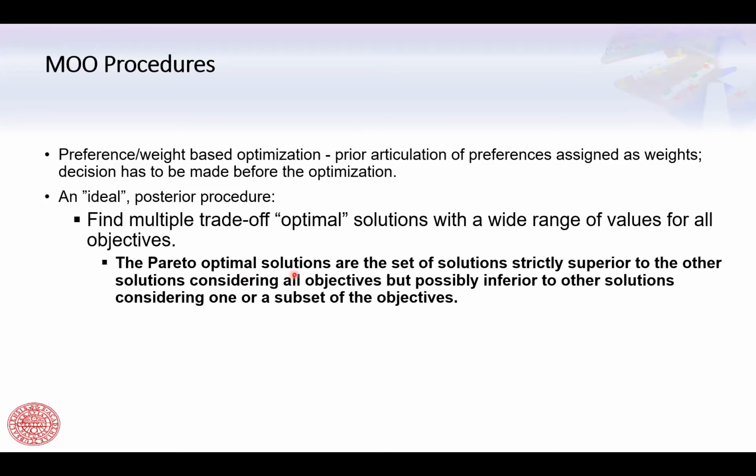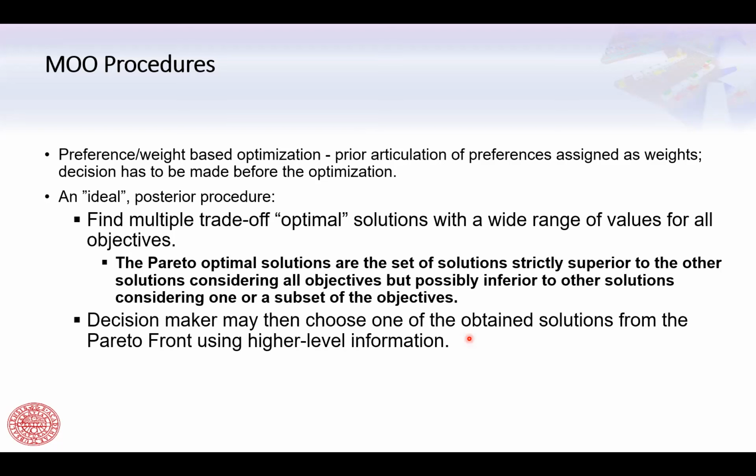He called this a Pareto optimal solution because these are solutions that would be strictly superior to the other solutions considering all objectives, but possibly inferior to other solutions considering one or a subset of objectives. Okay, so the term that he defined, the optimal trade-off, is defined in English here. But it's not very useful if we just have the expression in English, because we need to formally put it into a mathematical formulation so that we can put it into an algorithm. And of course, we aim that finally the decision maker can choose among those trade-off solutions.